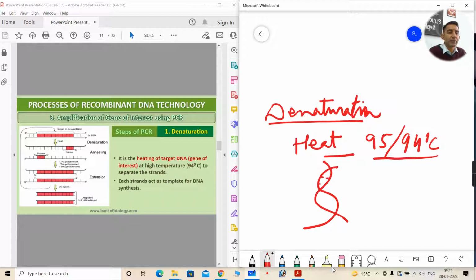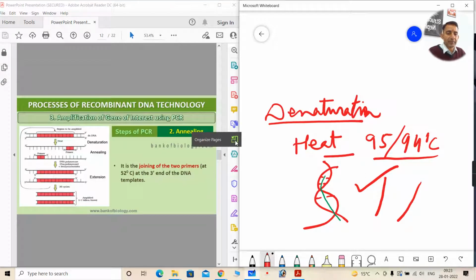It is made up of 2 strands, and what will be happening? Whenever we are increasing the temperature, the bonds between the bases will break down, and this DNA will be converted into two single stranded DNA. One DNA which is made up of two strands will be converted into two separate strands of the DNA. This is called denaturation. And each strand is a template strand.